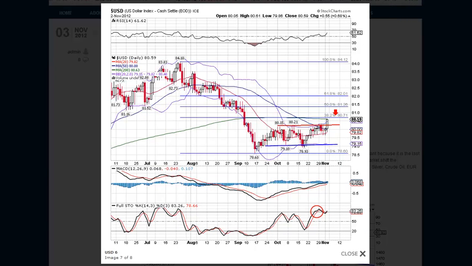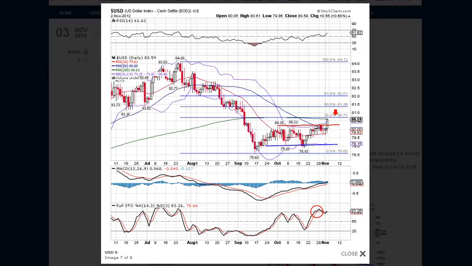This is the price of the dollar index, and as I already mentioned, the price action of the dollar index was quite bullish. The initial pullback and then a big rally. We finally broke through this 80 level, which is a psychological level, and the price action is currently retesting resistance of the significantly important 200-day SMA, which is this green line here, at 80.59.